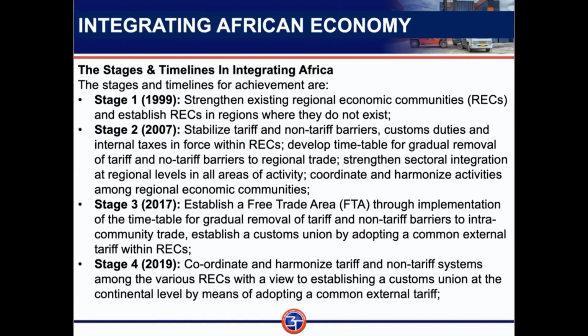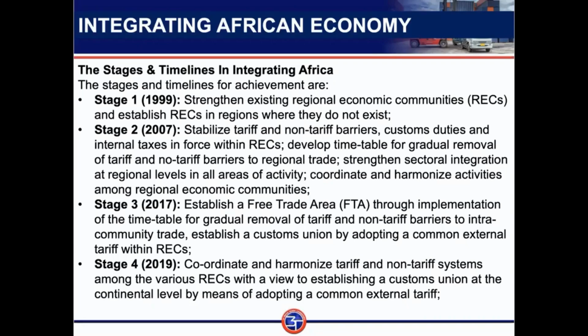Then, stage 4, to coordinate and harmonize tariff and non-tariff systems among the regional economic communities with a view to establishing a customs union at the continental level by means of adopting a common external tariff.